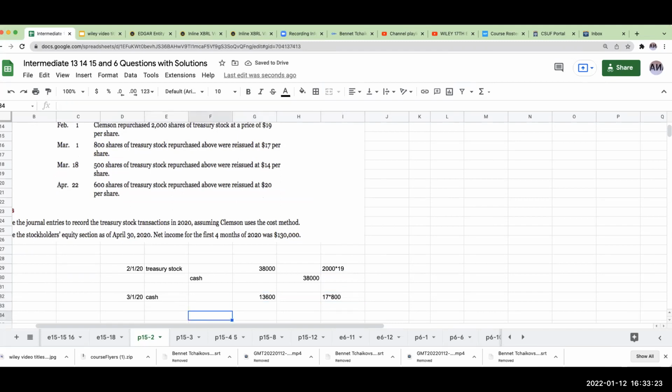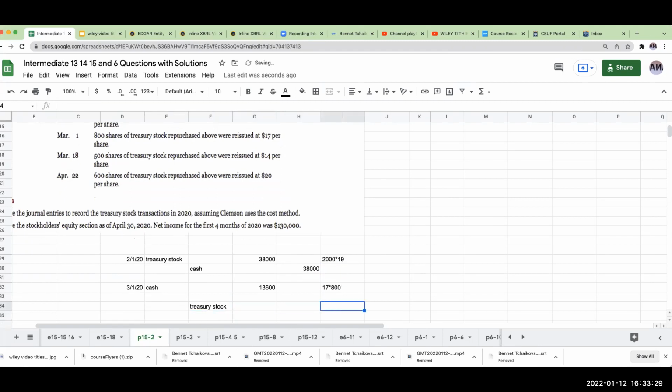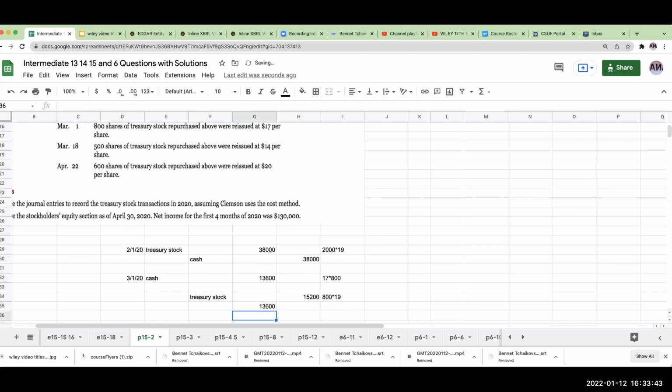Now, what I'm going to do is credit treasury stock for what I paid for the shares. So this is going to be 800 times 19. And what you're going to notice here is that my credits exceed my debits. Normally, we would say that this is a loss, but we don't recognize gains or losses when we sell our own shares.